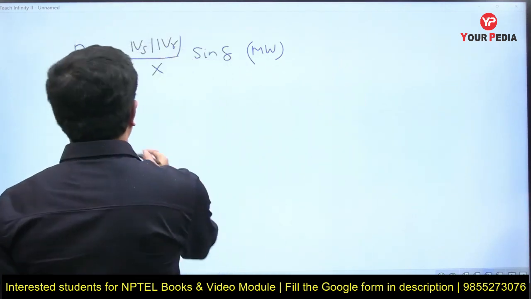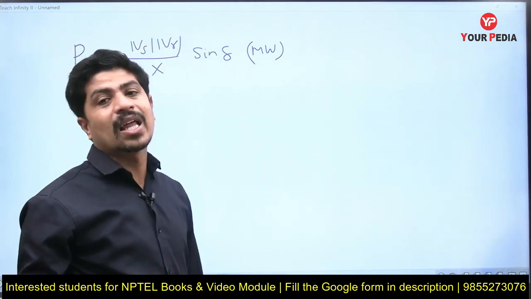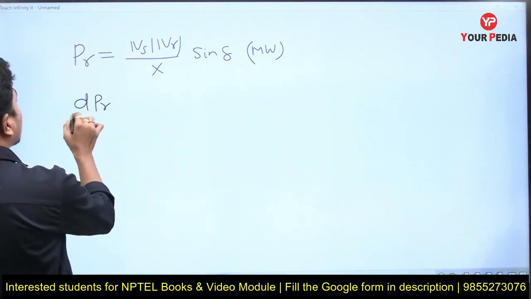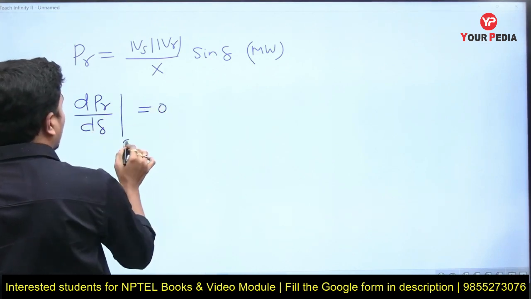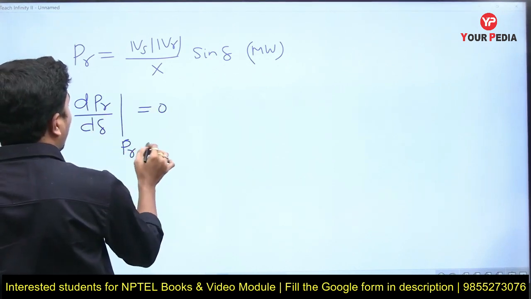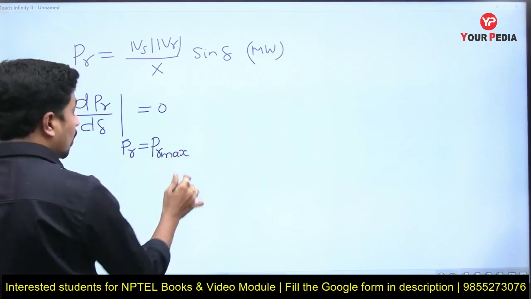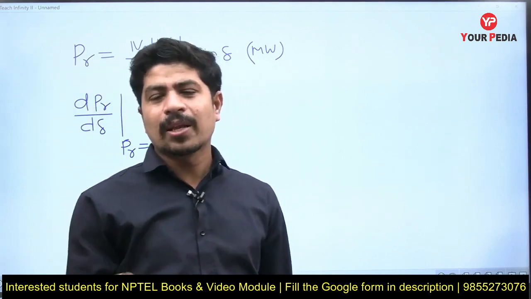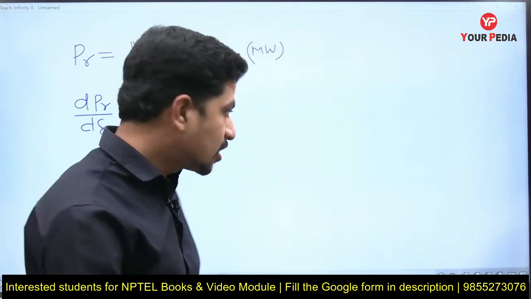Now see, in this, mod VS, mod VR and X are constants, so the only variable is the load angle delta. Now dPR by d delta is equal to 0 at PR equal to PR max. It means if you want the receiving end real power to be maximum, then the derivative of that receiving end real power with respect to the variable, that is the load angle delta, must be equal to 0.